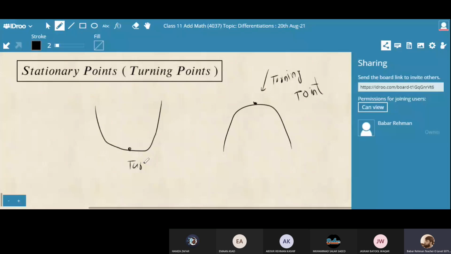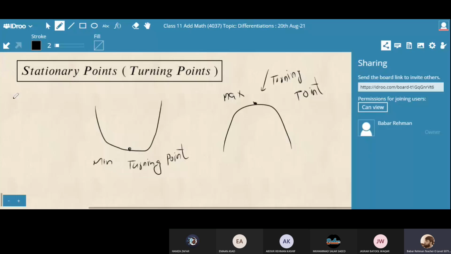So there are two types of turning points. One turning point is maximum, which in the exam they ask what is the maximum point. One turning point is minimum. Now consider, you know very well the lines.